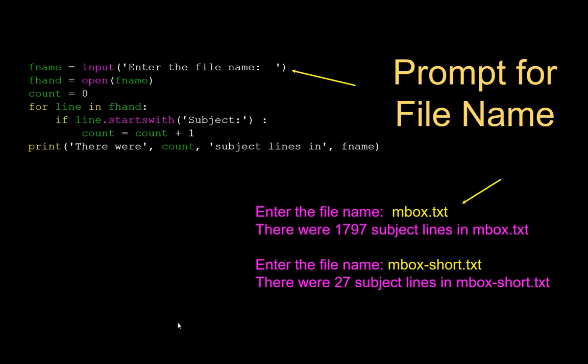For each line in that file, if the line starts with Subject, we're gonna add 1 to our counter, and at the end of that we're gonna say that's the number of subject lines that we find in that file. So in this case they're gonna be 1797 subject lines. In this case it's gonna be 27.